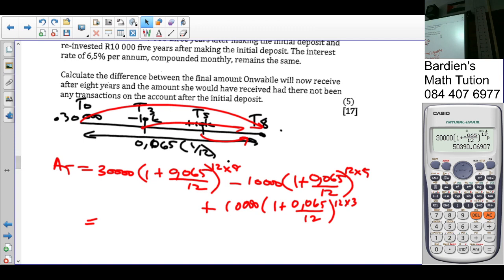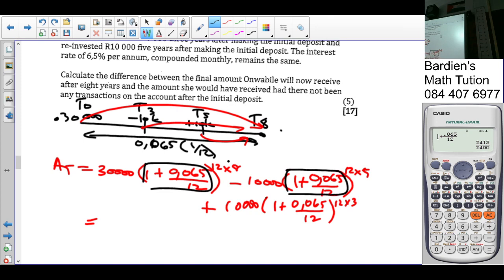Since the interest factor comes up 3 times, I'm going to enter 1 plus 0,065 over 12 once and press the answer button, which gives the last answer calculated.